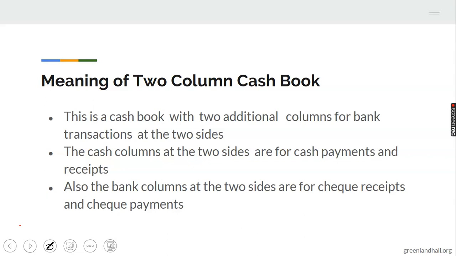That is a column each at the two sides, making 2 columns for bank transactions. In other words, apart from the columns for cash or amount that we already have in a single-column cash book, in a double-column cash book we now have an additional column for bank transactions at the two sides.